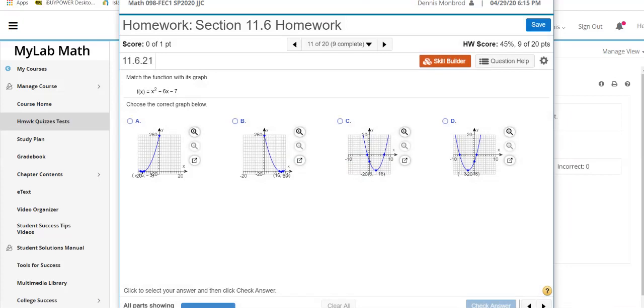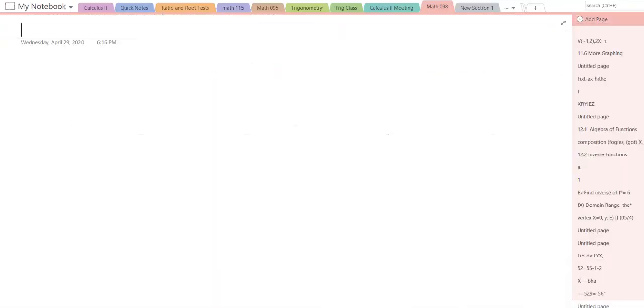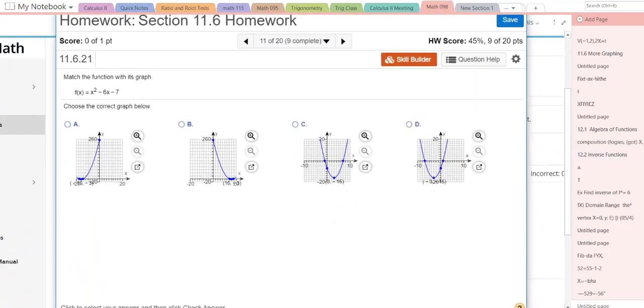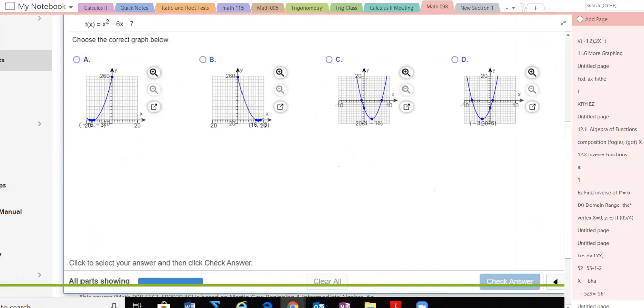Okay, very similar. We're going to do the same kind of thing. Let's add a page here. All right, so there it is. And let's pick out the right one here. Again, you don't have to do a lot of work if you do the minus b over 2a.